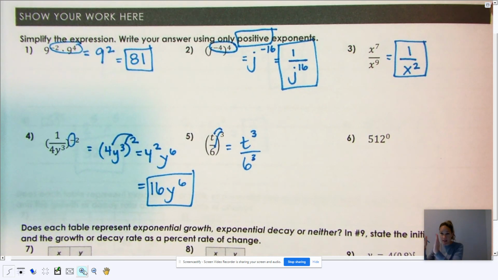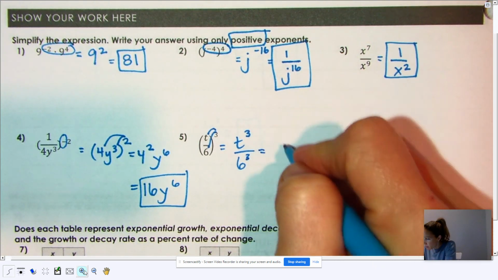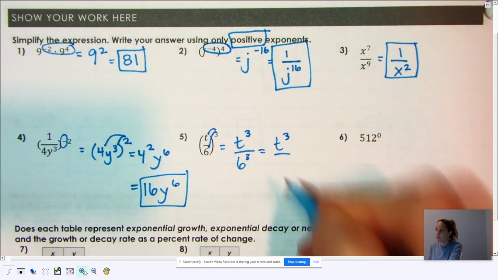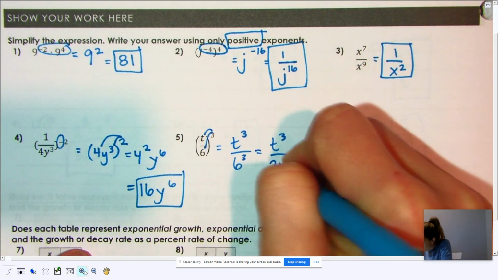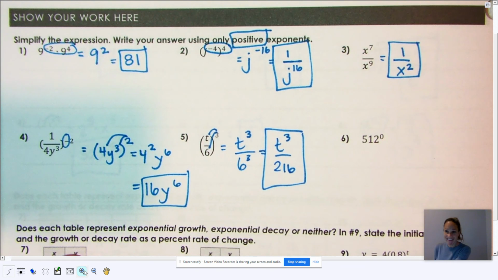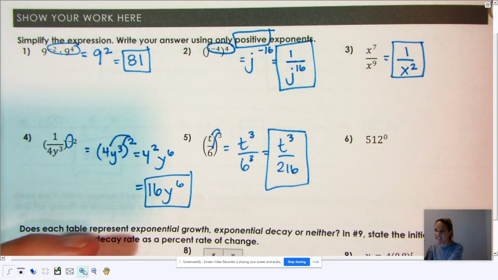I have 6 times 6 times 6, which we write as 6 to the 3rd. And then I should just simplify that a little bit. So t to the 3 over 6 times 6 is 36. 36 times 6, I think it's 216. You guys check me on that though, okay? Use your calculators. It's been a little while since I memorized these back in like 1995 or 96.